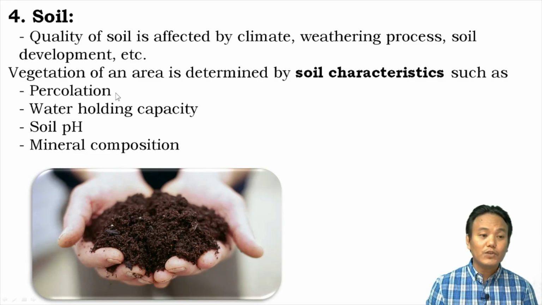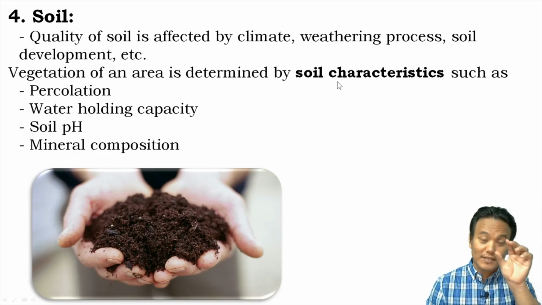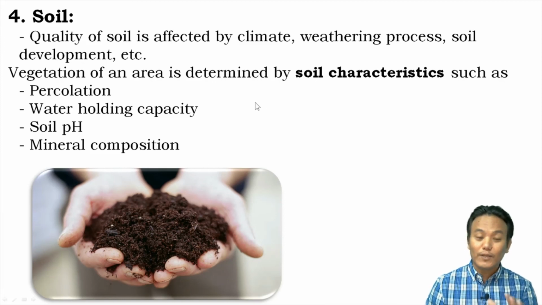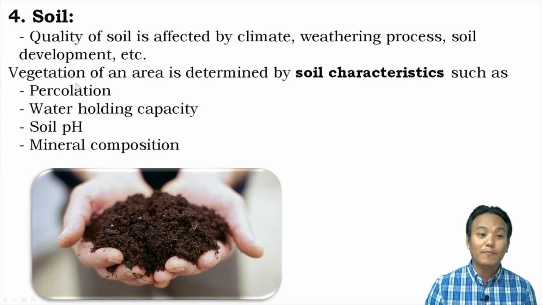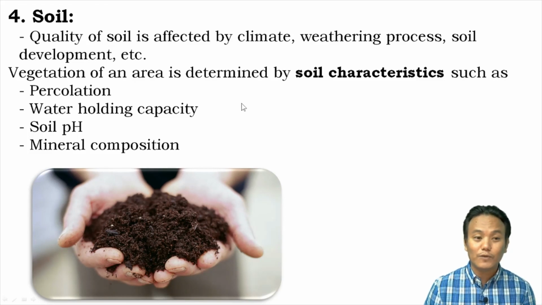Now, percolation rate and water holding capacity of the soil depend upon the grain size of the soil. For example, sandy soil has large grain sizes, so its percolation rate is high and water holding capacity is low, and therefore sandy soil cannot support vegetation growth.